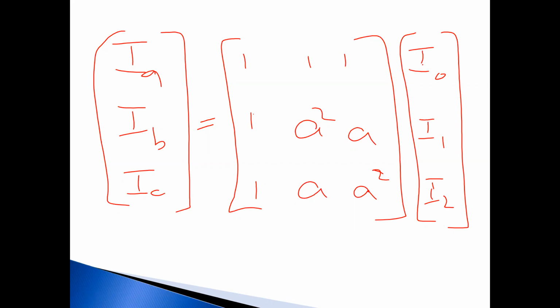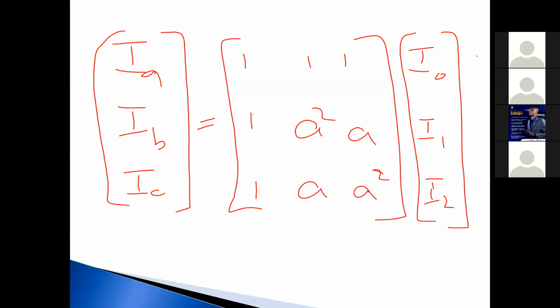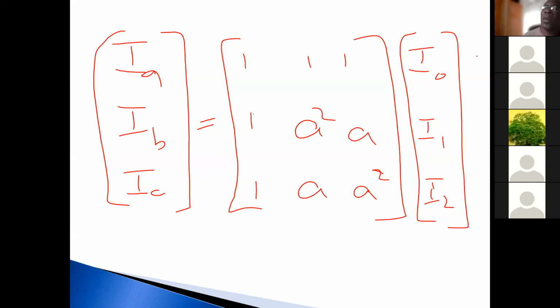Okay, so we know that I0 is equal to I1 is equal to I2. Yes? So if they are all equal, by the way, it's a phase to ground fault.